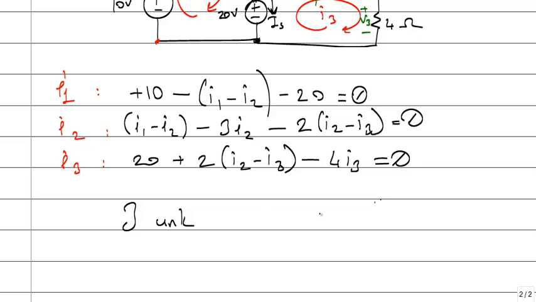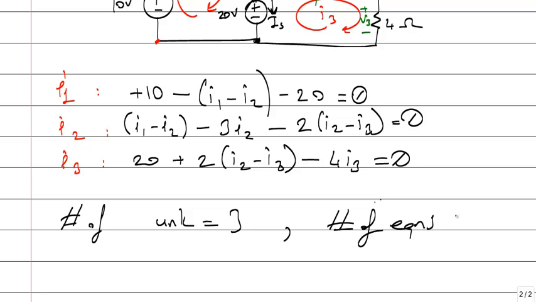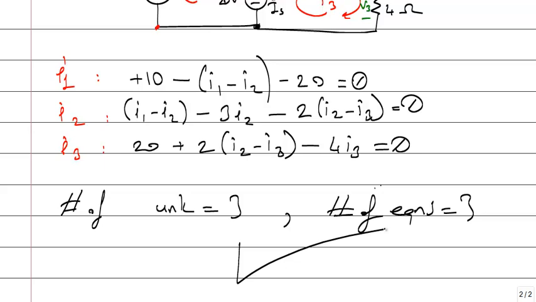How many equations? Number of unknowns is 3. Number of equations 3. So that set of equations can be solved. Okay. I don't continue anymore because the following part is math.